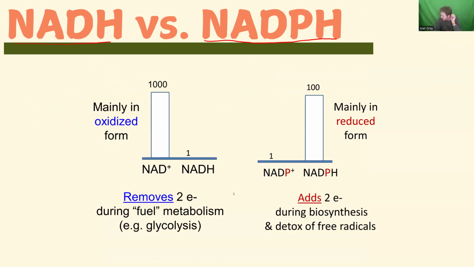Whenever NADH is made, we're going to use that in the electron transport chain so that we can generate ATP. So think about NADH as being for energy production.